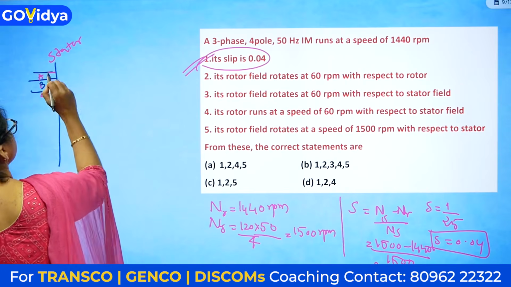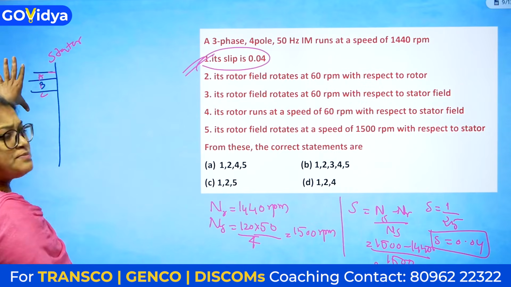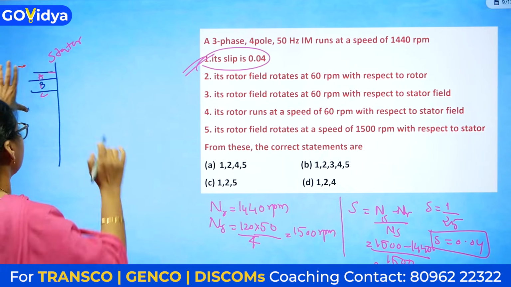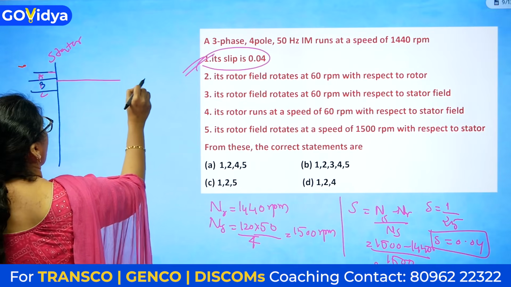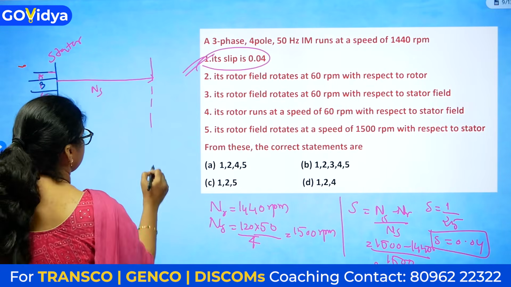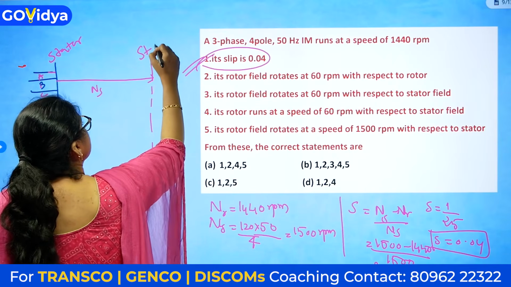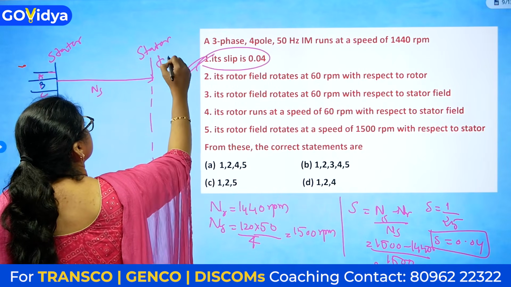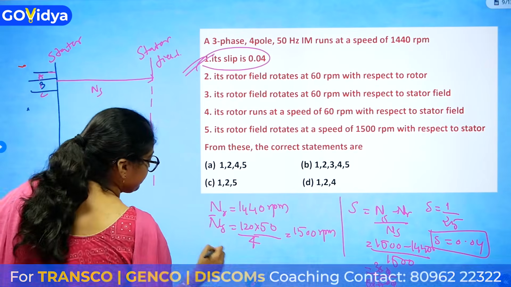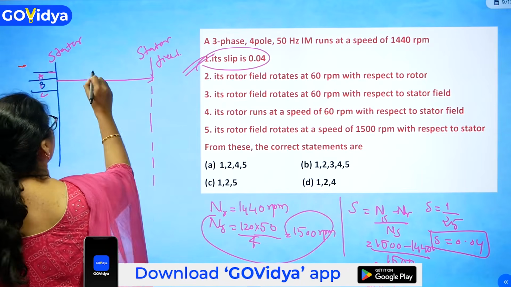Now as I am giving the 3-phase balanced supply, the machine may start rotating. It will rotate with the speed of Ns. This will be the stator field, and we have already found the value of Ns, that is 1500 rpm.